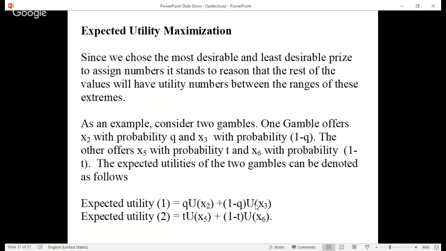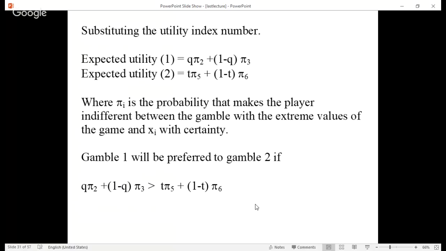So therefore, the expected utility for the first gamble is q times u(x2) plus (1 minus q) times u(x3). And the second one is t times u(x5) plus (1 minus t) times u(x6). And therefore, since we saw that we can simply insert the probabilities in that first part, we're going to do the same thing.